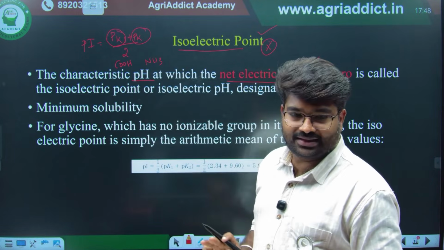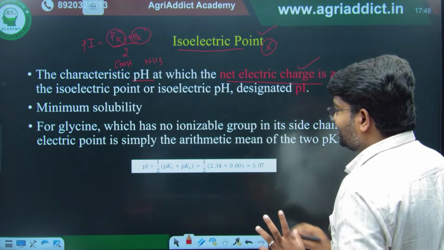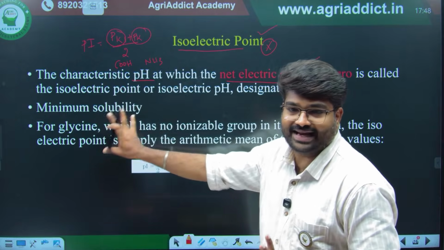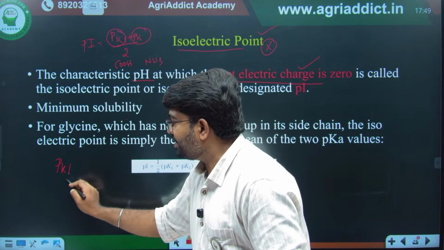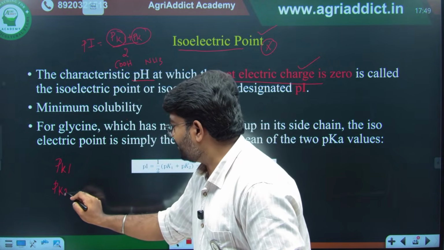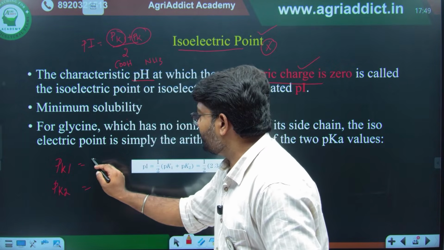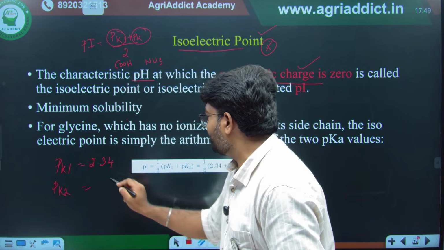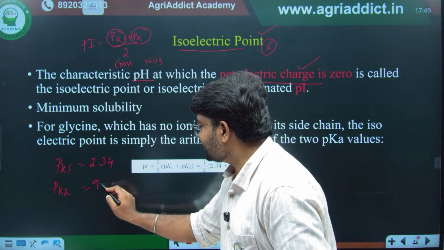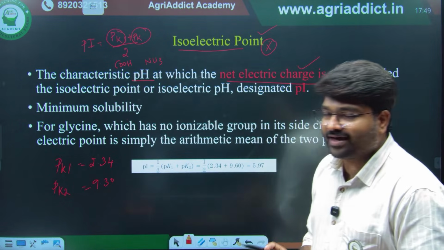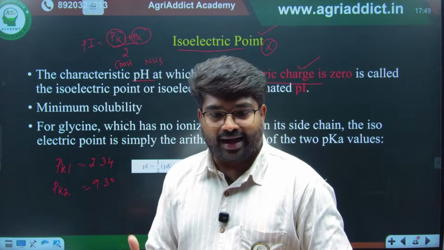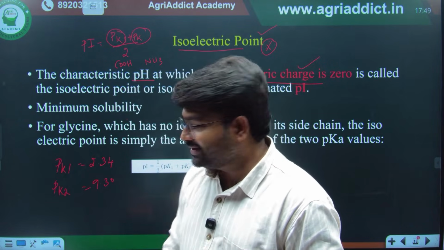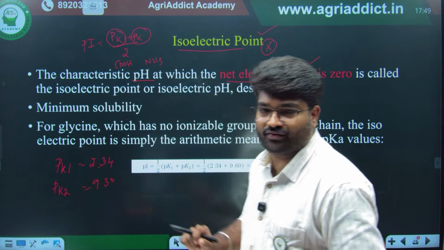For example, imagine one glycine molecule. They will give the values for pKa1 and pKa2. For glycine, pKa1 is 2.34 and pKa2 is 9.30. If they give it like this and ask you to calculate the pI, you just take the mean of these two values.